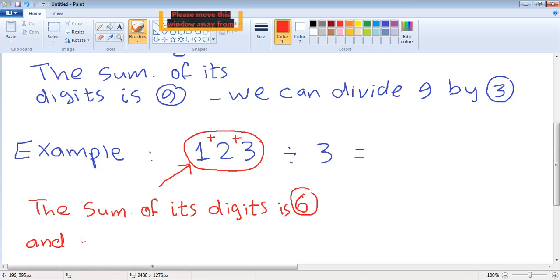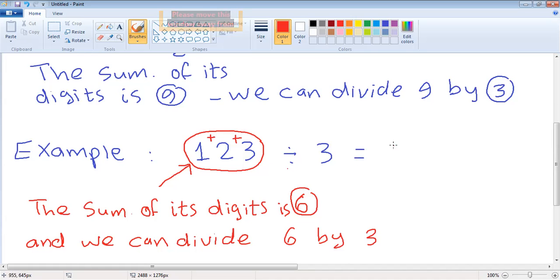So 123 divided by 3 will be a quotient without remainder. 12 divided by 3 is 4. 3 divided by 3 is 1. The answer is 41 without remainder. Thank you, Abdullah.